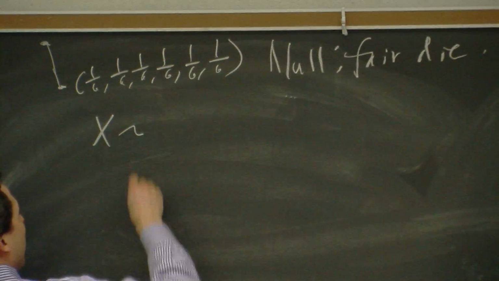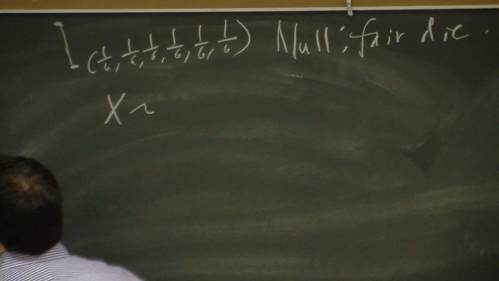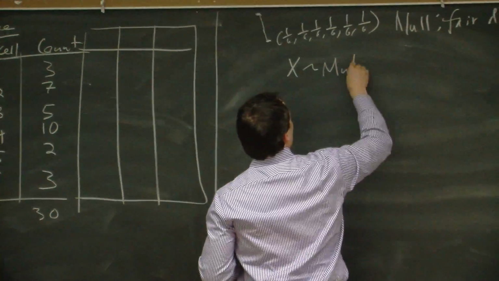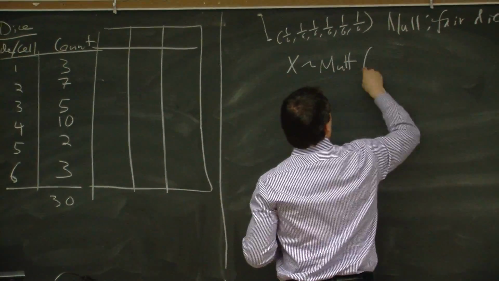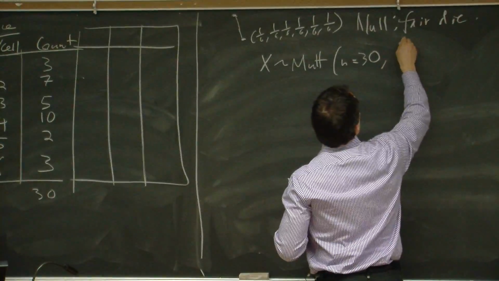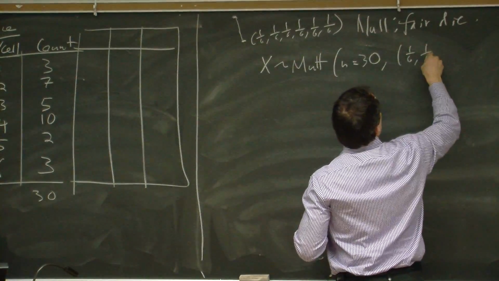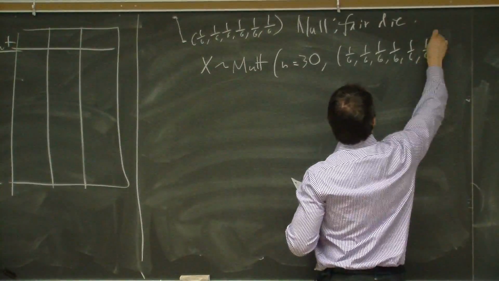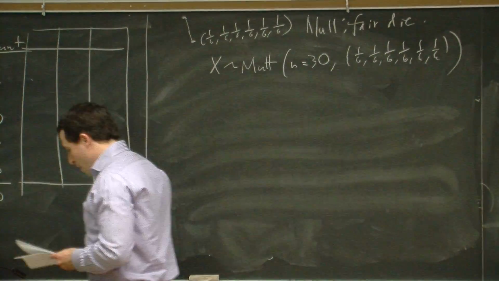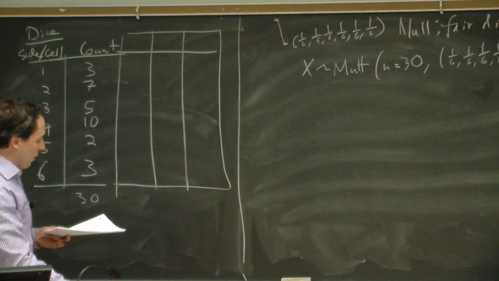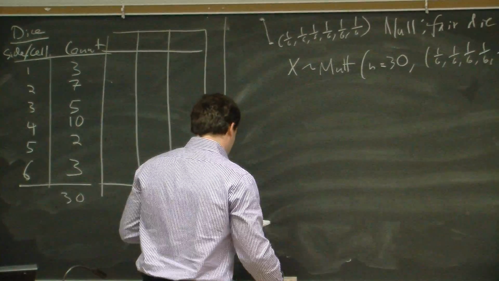That is, we're saying the distribution of rolls, this variable x that we've been measuring, is multinomial with 30 draws and parameter vector all 1/6. Okay, so that's our assumed model, and we want to measure the distance.